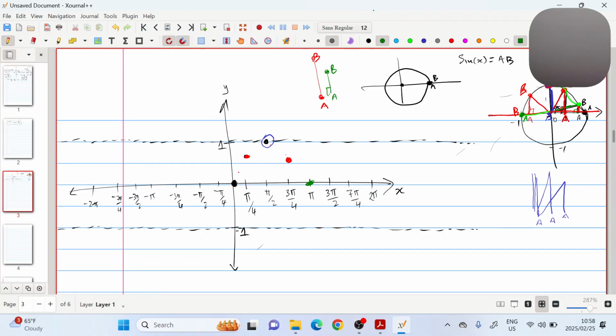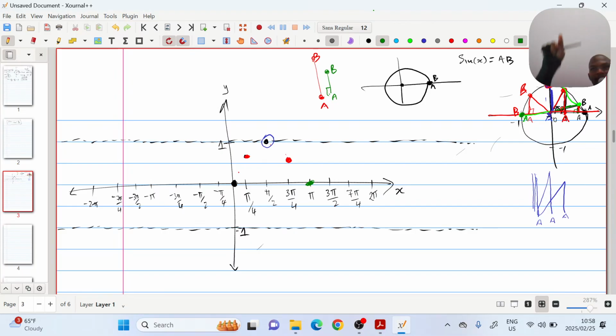You mean AB? You are saying it's supposed to be negative, or you are... We have the horizontal axis, and the height is moving this way. The height is moving this way. The height is moving this way.